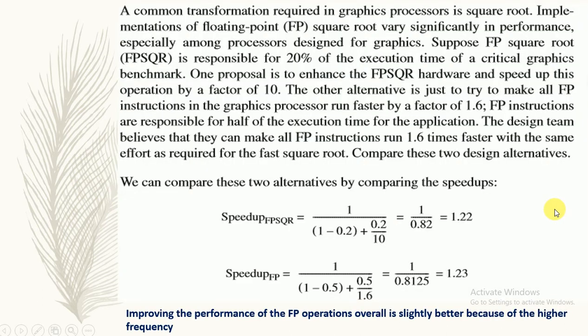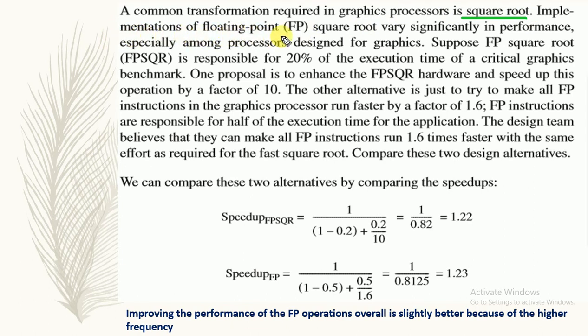Now we look at one more problem. A common transformation. The problem is given in a very large format, but it's also a very simple problem. A common transformation required in graphics processors is square root. One of the common operations in a graphics processor is square root.